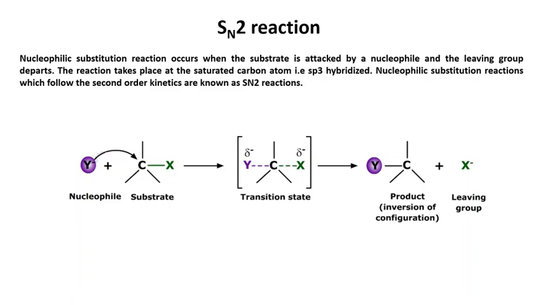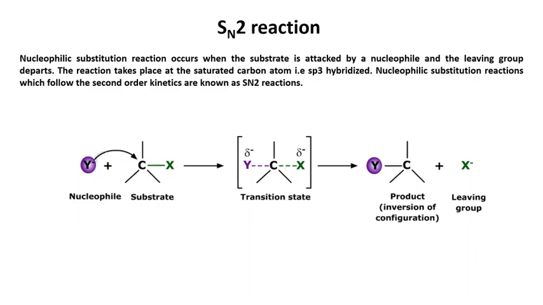In this tutorial, this is the lecture 1 of this course, we are going to learn about SN2 reaction, that is substitution nucleophilic of second order. Now we have to understand what is substitution reaction.